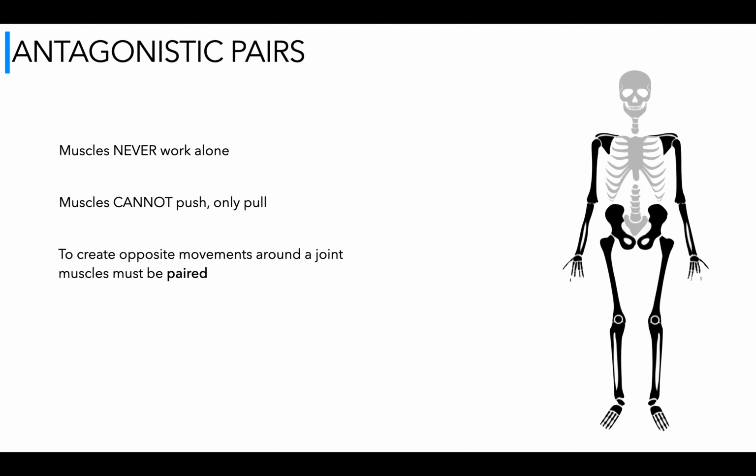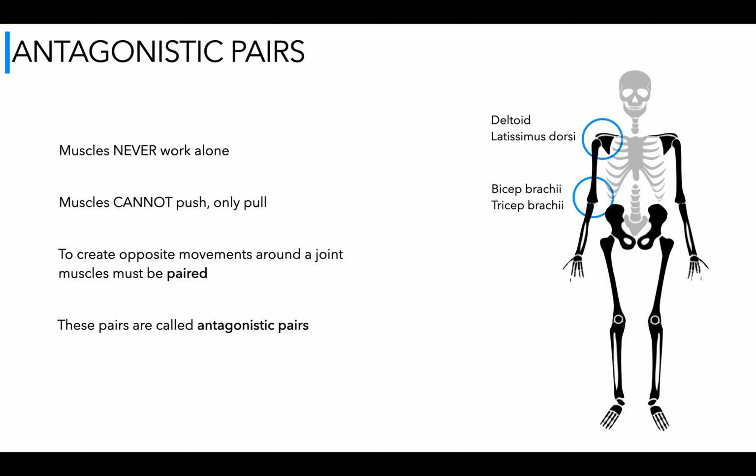They work in a pair. They must be paired in order to work, and these pairs are called antagonistic pairs. Some popular examples of antagonistic pairs: we've got the deltoid and latissimus dorsi functioning with the shoulder, biceps brachii and triceps brachii, gluteus maximus and the iliopsoas, so basically the gluteals and the hip flexor muscles, quadriceps and hamstrings.